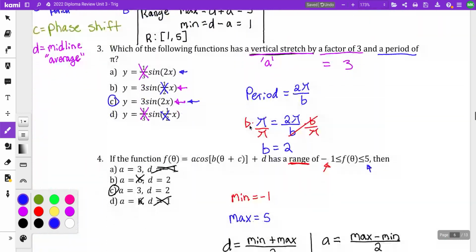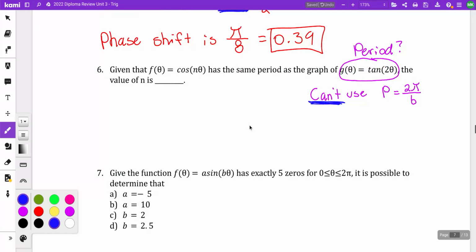That means for tangent we use period equals pi over b. You could also find a period by graphing it and trying to figure out how long it takes to repeat. That's possible. It's just faster if you know how to use the formula instead.